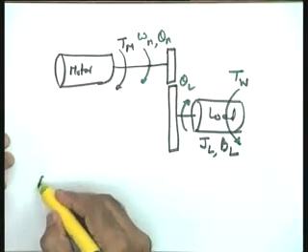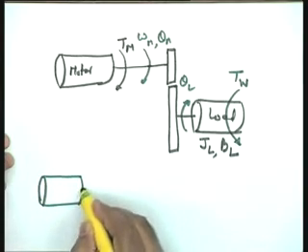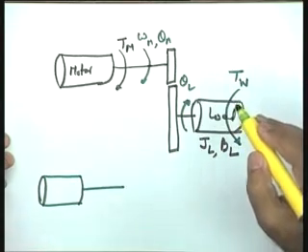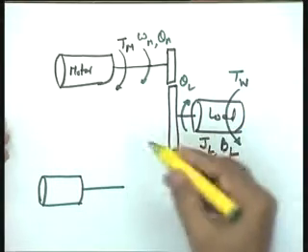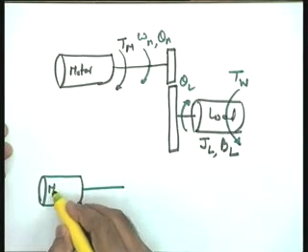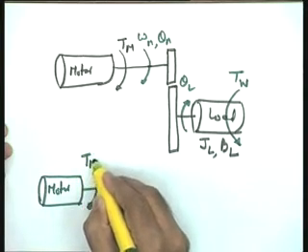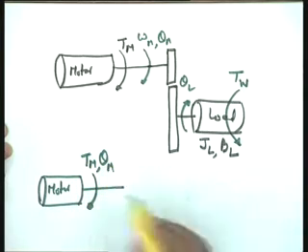I will revise the result for you directly. Hopefully, you recall the derivation. This system, as far as mathematical equations are concerned, is equivalent to the system I am going to draw here. This is the motor. The motor produces the torque Tm, and the position is theta m.